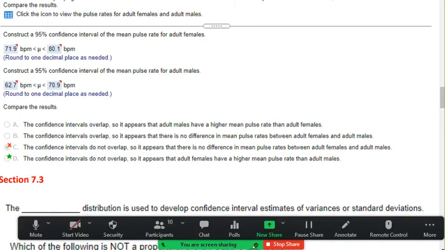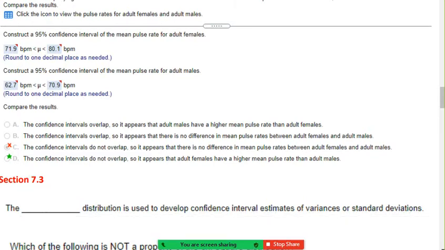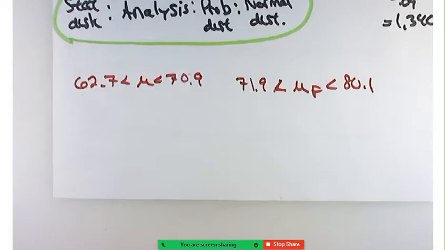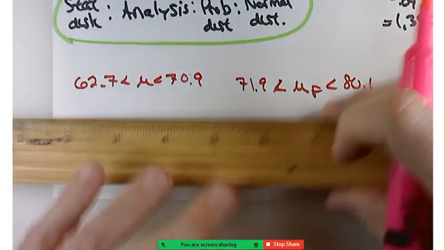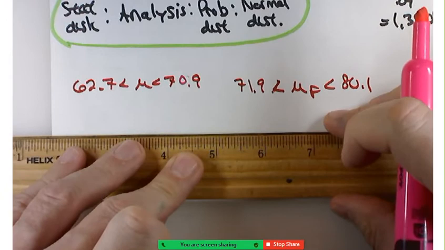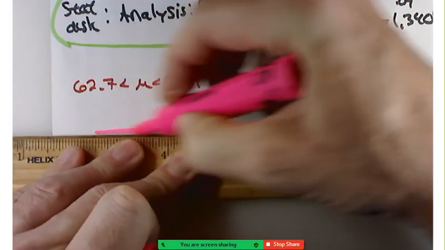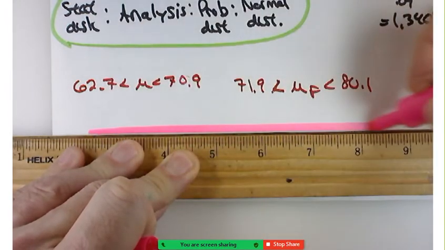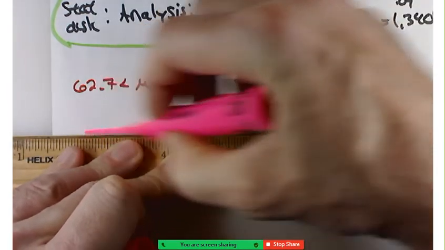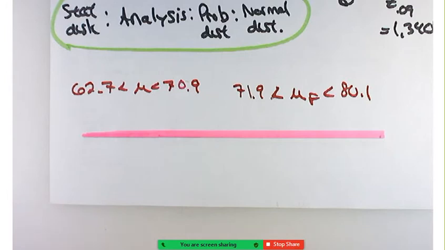Now let's draw this. All right, so here, and let's put in a few hash marks on this as well.